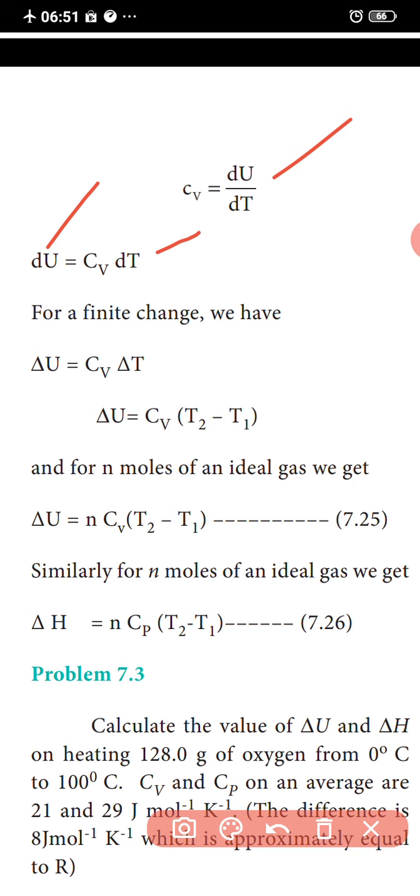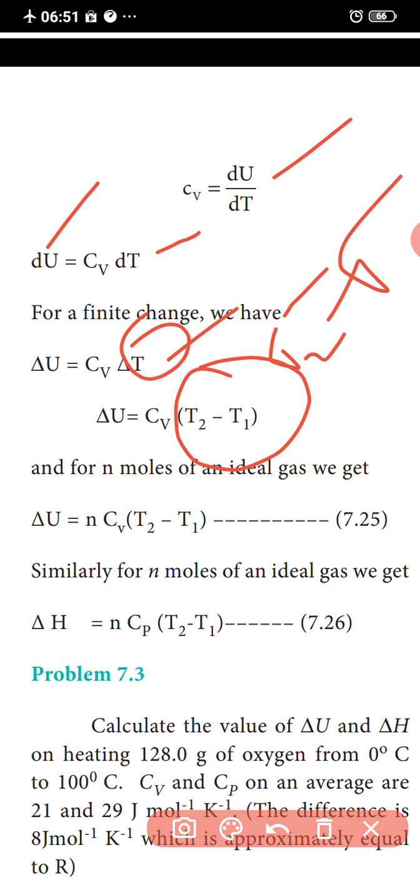For a finite change we have del U is equal to Cv del T, where del T means T2 minus T1. For n moles of an ideal gas, we get del U is equal to n Cv into T2 minus T1. Similarly, for n moles of an ideal gas, we get del H is equal to n Cp into T2 minus T1. This is the calculation of del H and del U.